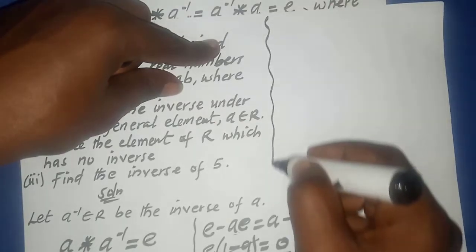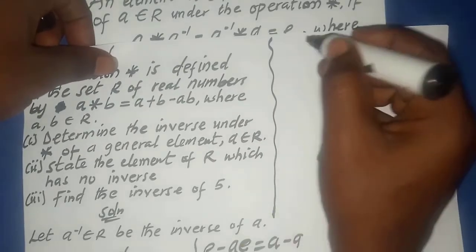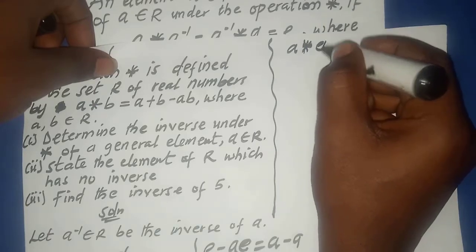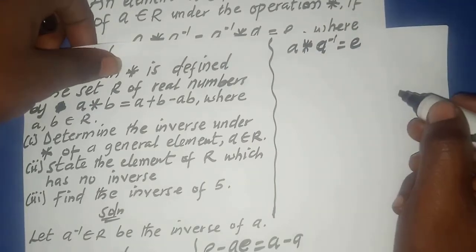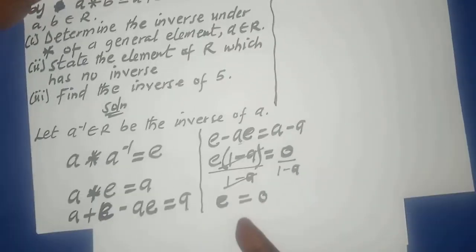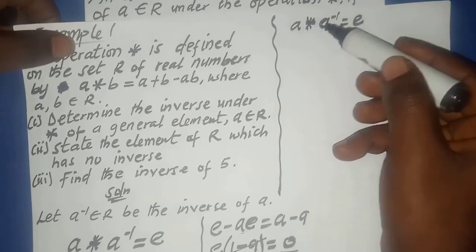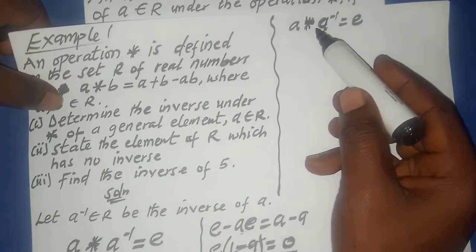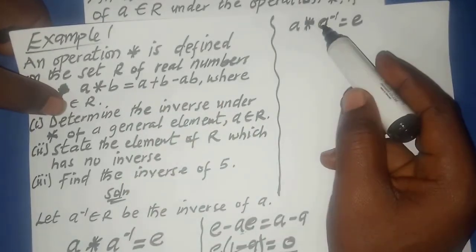Now we can go ahead and find our inverse element. Let me do that over here. A operation the inverse element should give us the identity element, which we found to be 0. So we use the definition to evaluate this. Our A is A, our B is A inverse.